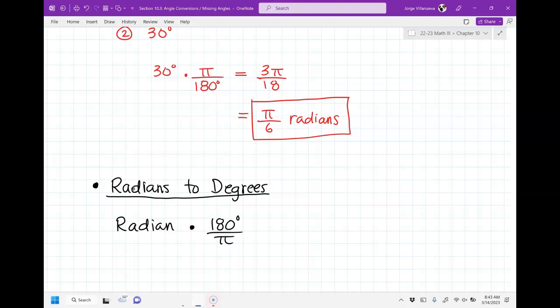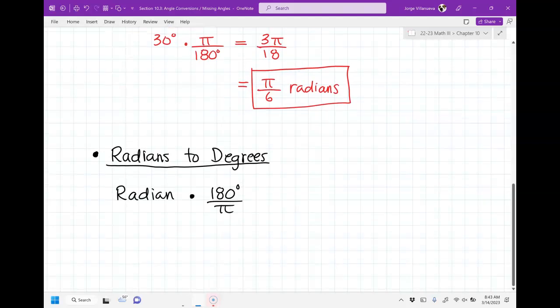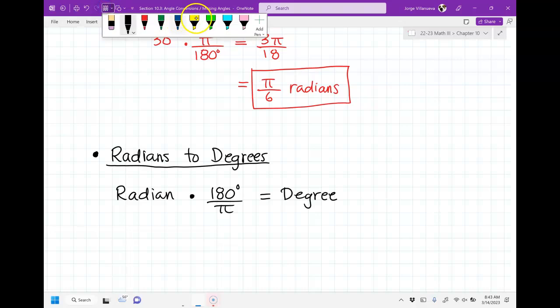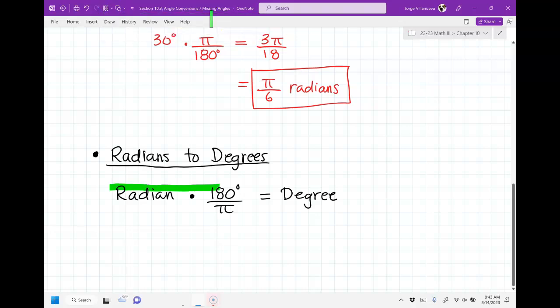So notice all we're doing is flipping it, right? To go from degrees to radians, we multiply by pi over 180. To go from radians to degrees, we multiply by 180 over pi. So it's not like a crazy different equation. It's pretty much the same thing. You're just flipping it over. That's going to give you your degree measure. Okay? So your formula, kind of like we did earlier, is this right here. Okay, that's what's going to give you your degree value.